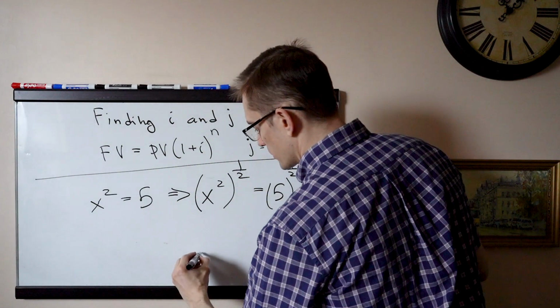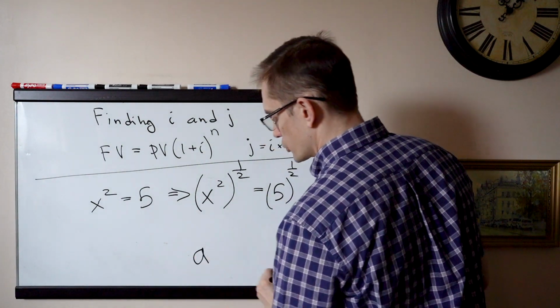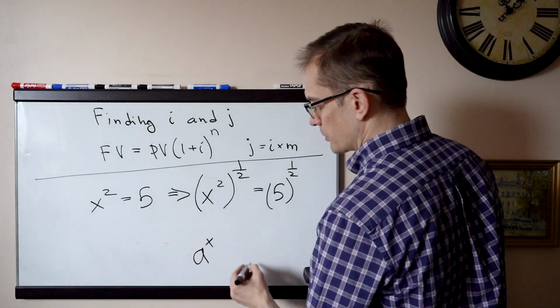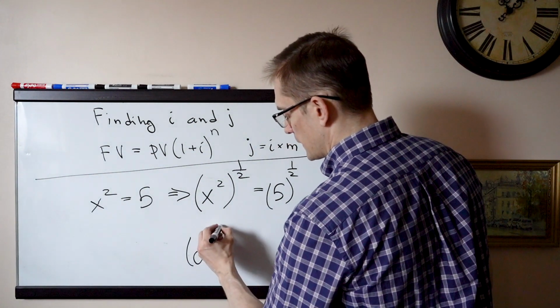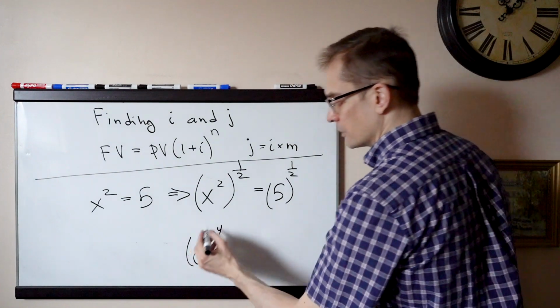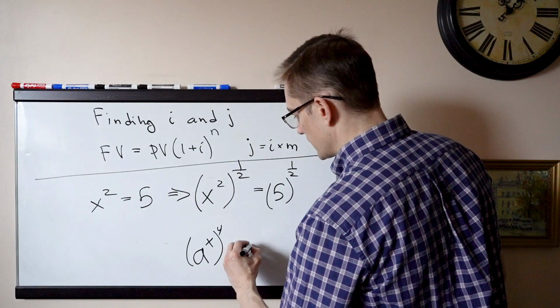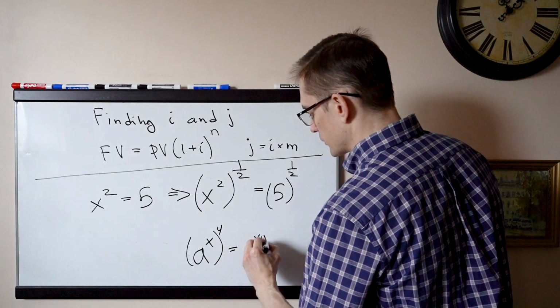So why does it help us to get rid of this exponent 2 here? Because in your algebra course at school, you should have learned that some number a to the exponent x, and if you take another exponent y of that a to the x, it will be a to the x times y.